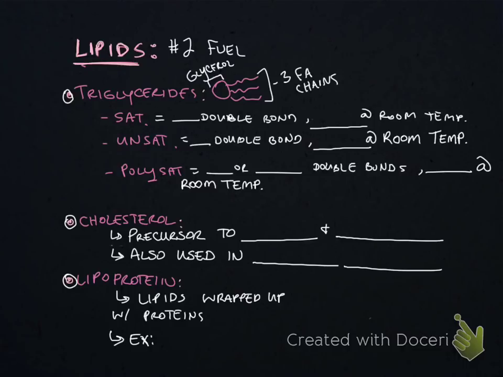We have different types of triglycerides. We have saturated triglycerides, which have no double bonds in their fatty acid chains, which are then solid at room temperature. So those are like butter or lard. And then we have unsaturated, which have one double bond and are liquid at room temperature.